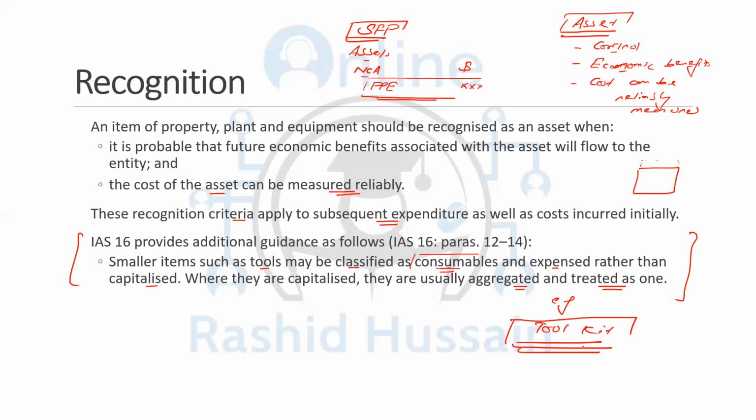And when I gave you the example of the barber shop, I gave you the disposable scissors, the brushes, the combs, which are treated as consumables. But I was not talking about the blowers, the straighteners, the curlers. I'm not talking about those electric shaving machines, which can be used for more than one year.